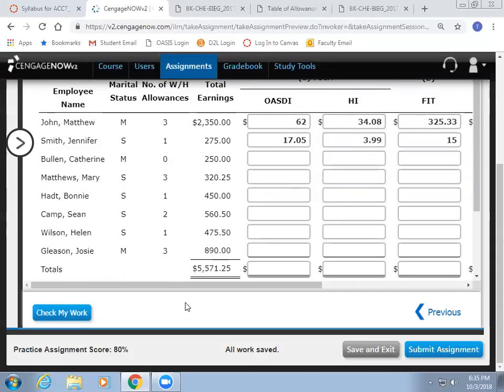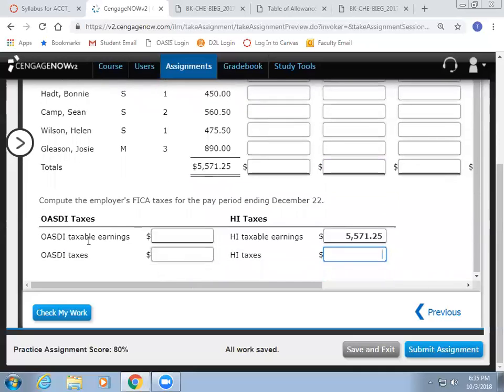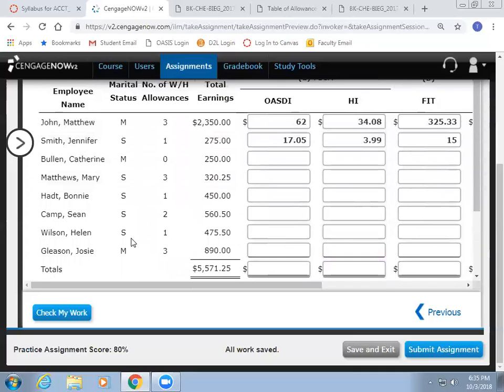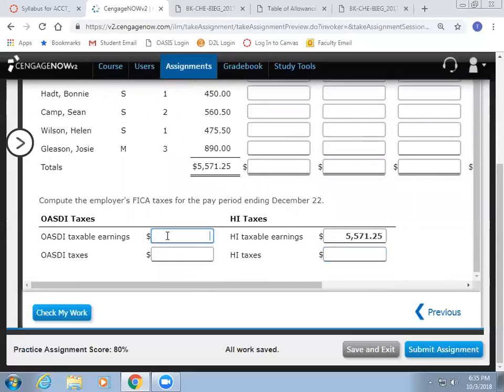I keep wanting to call him John Matthew. Matthew John sounds weird. Okay, so make sure under OASDI taxable earnings, you're just taking 1,000 of Matthew John plus everyone else's gross pay, okay? And just to give you the amount, it's $4,221.25.